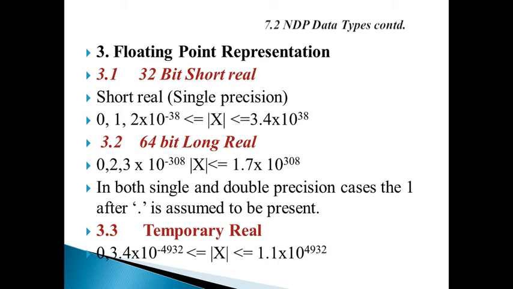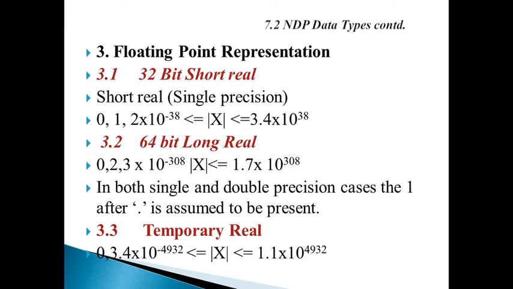This form is called the normalized form, and here a one is assumed for the mantissa part, and only the fractional part becomes part of the number representation, and here exponents are biased. So let us see these details in a separate lecture.